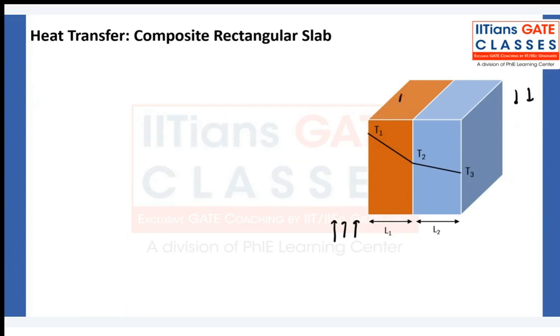The conductivity of this slab is K1, for this it is K2, and the thicknesses are L1 and L2. This is the direction of heat transfer, Q dot. Temperature here is T1, at the interface T2, and here it is T3. Is it clear? It's very simple.